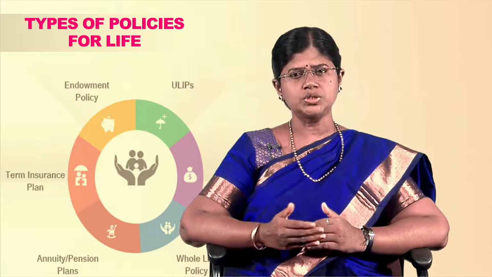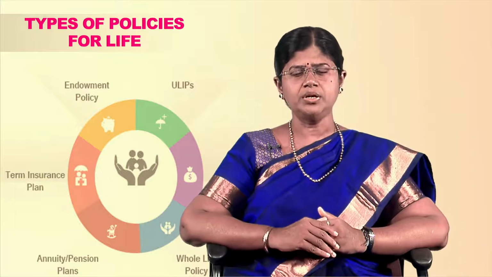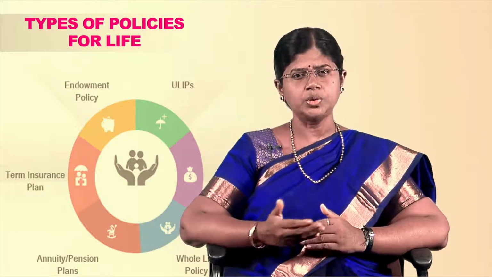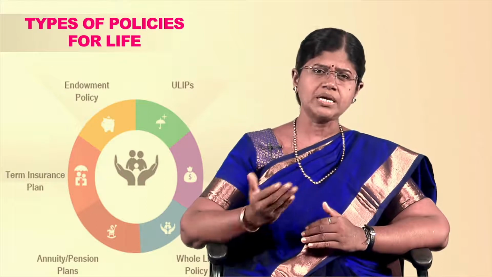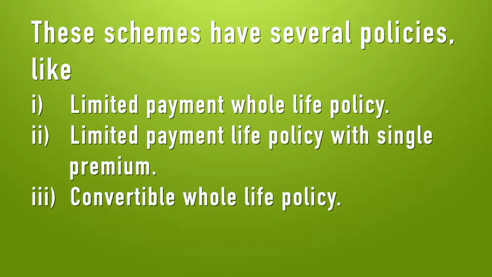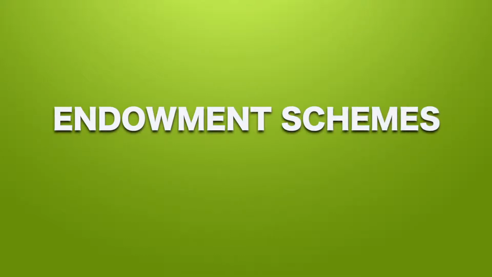These are suitable for young people with meager income whose family and growing children need maximum financial security. These schemes have several policies like limited payment whole life policy, limited payment life policy with single premium, convertible whole life policy.